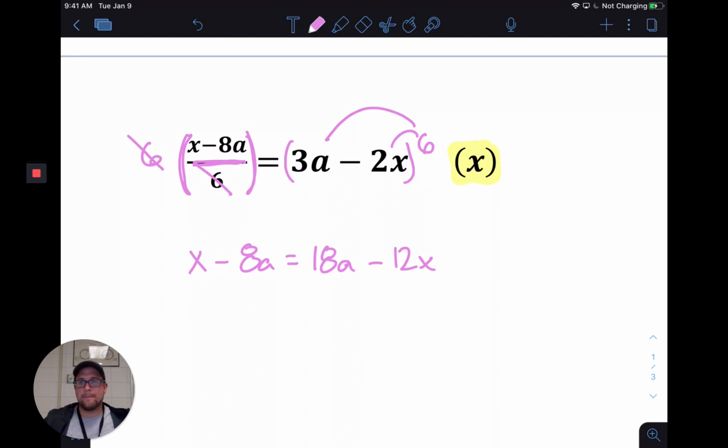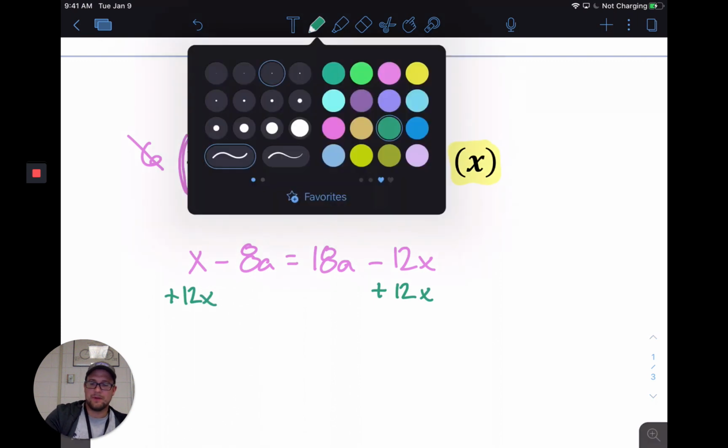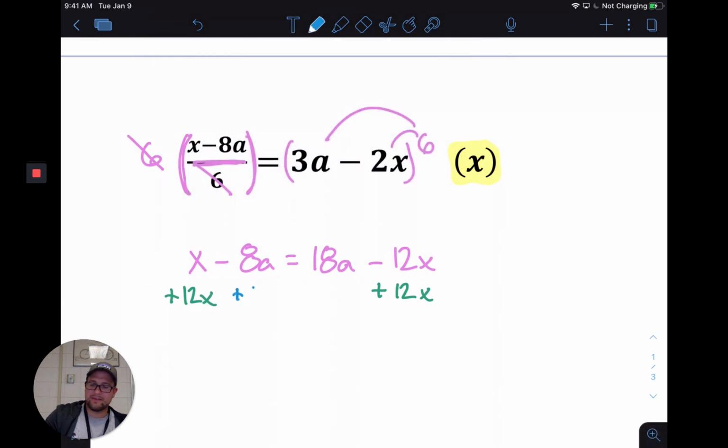Now, with that, we have like terms on both sides that we will be able to regroup. So what I'm going to do is move my x's to the other side using inverse operations. And at the same time, I'm going to move my a's to the other side using inverse operations as well.